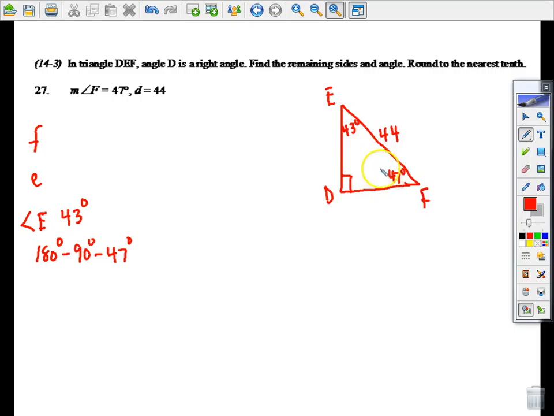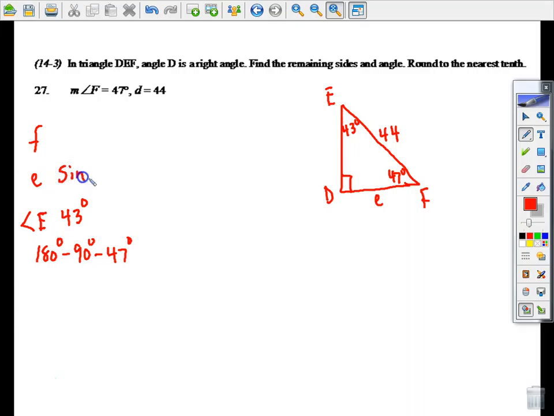Well, we've got some choices. I could go with either one of these angles. It really doesn't matter. But what if we looked out from angle E and did the sine ratio, which is opposite over hypotenuse, since I know what the hypotenuse is. So to find this side E, I'm going to use the sine function.